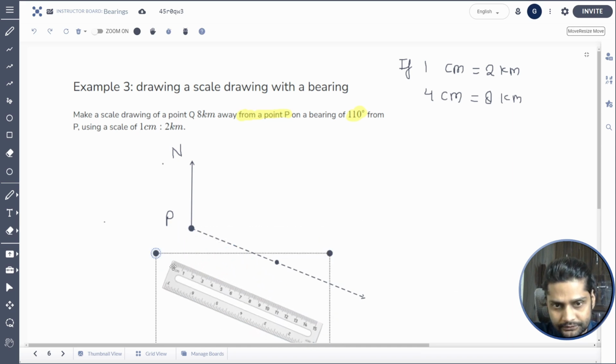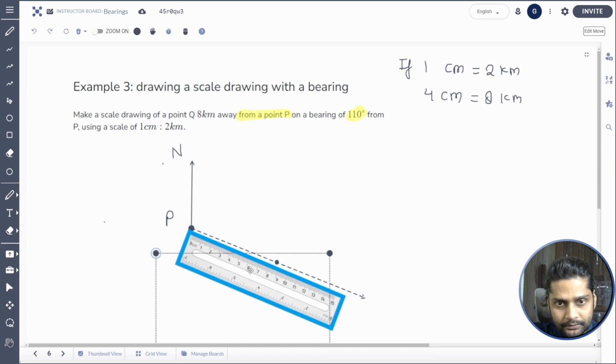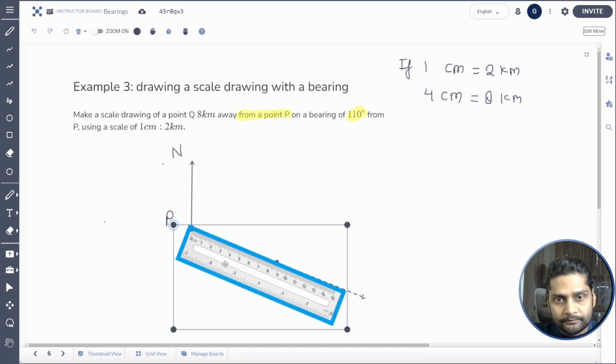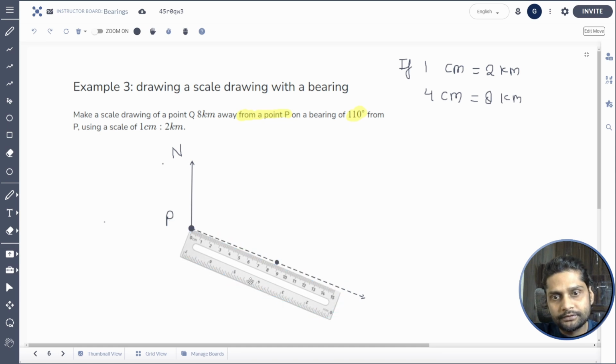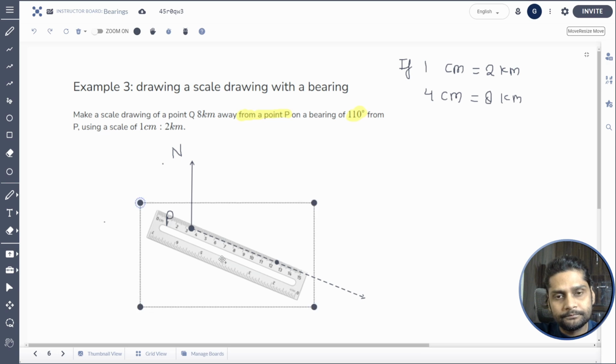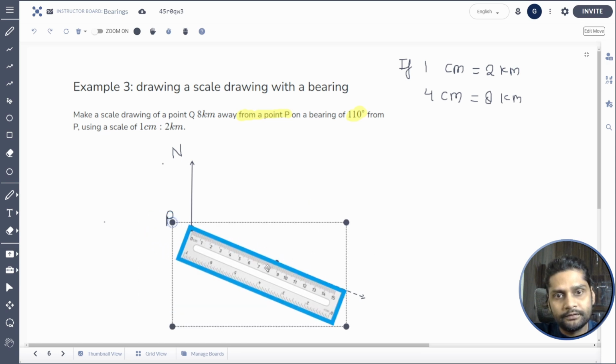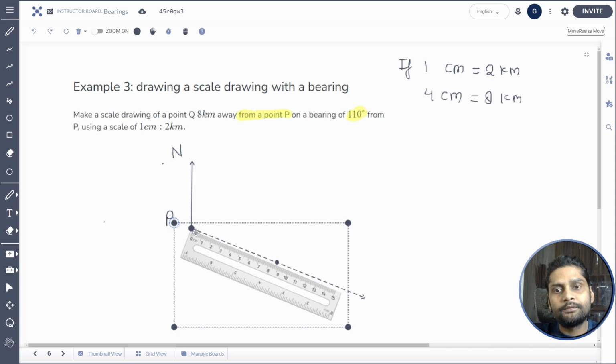Okay, so I'll just consider my ruler somewhere here, and I hope you can understand. It's a bit difficult here on this whiteboard, but I hope I can still accurately draw that. So somewhere here we have say 0 centimeter, and I can just mark it somewhere here.